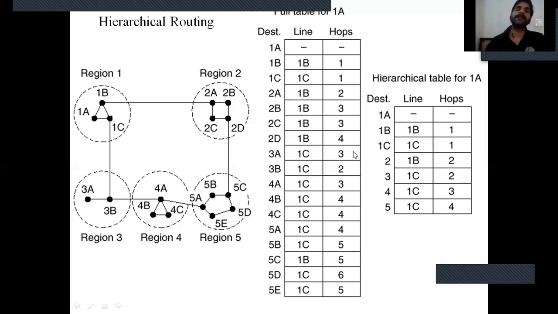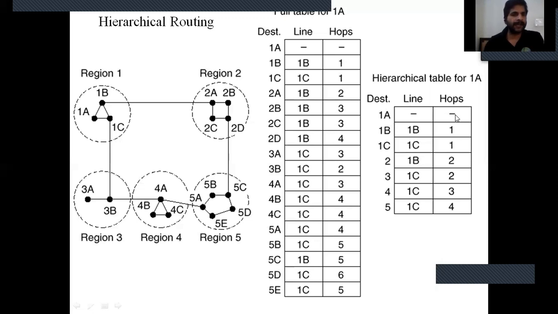Now with the help of this full table, we calculate the hierarchical table for 1A. The first column maintains the destination, the second the line, and the third the hops. We calculate in the same way. For the region in which the router started, we look at all possibilities: 1A, 1B, 1C.